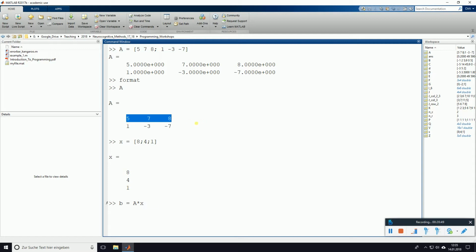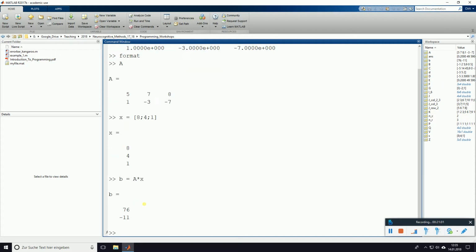So we have a 2 by 3 times a 3 by 1 matrix, which is well defined in matrix calculus. So we can form the matrix product and get the corresponding 2 by 1 vector.